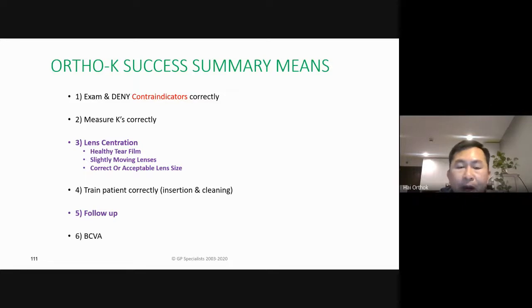However, if the vision is like 20/40 and you cannot correct any more visual acuity, it's not good. But if you have 20/80, for example, but you can correct the BCVA up to 20/20, that is better for the patient.